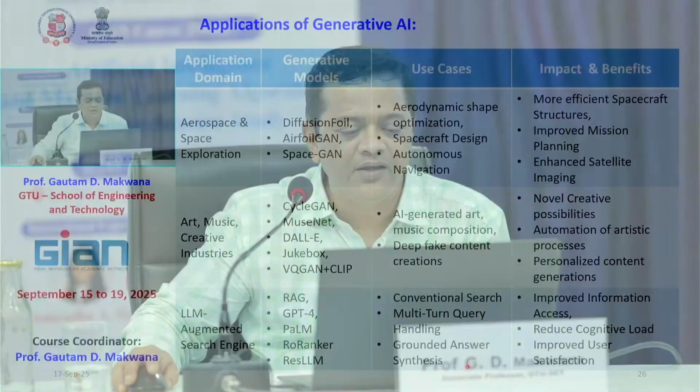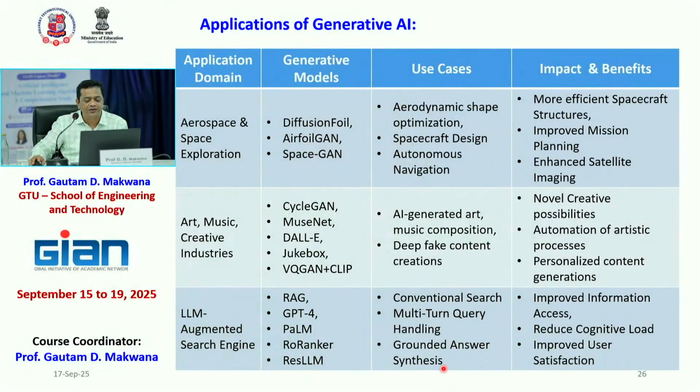Generative AI produces all this content: art, music, creative work, and it is new content. It is not copyrighted and not copied from others. Okay, LLM-augmented search engine, conversational search, multi-turn query handling, grounded answer system.